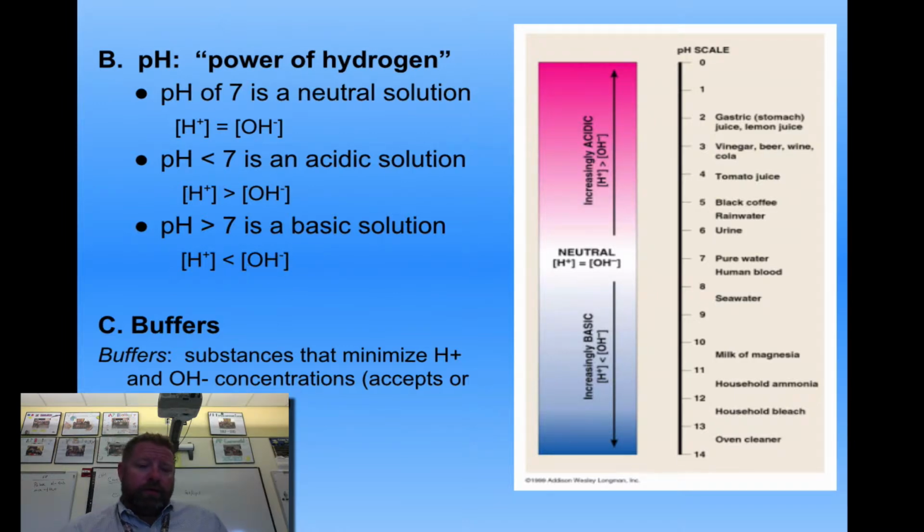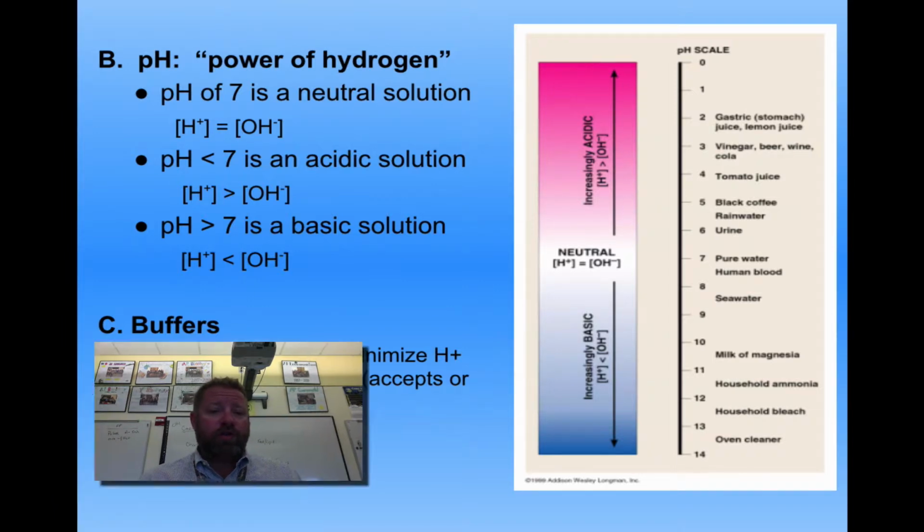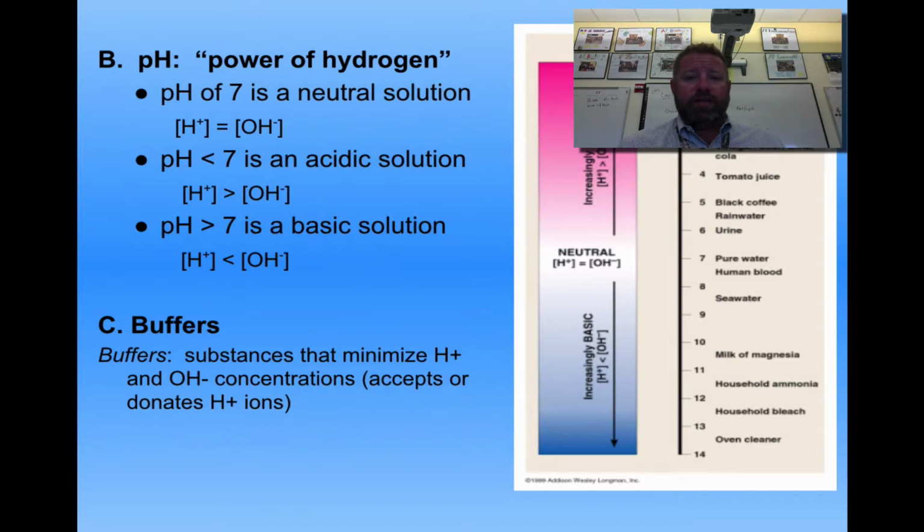And once again, in biological systems, human bodies, animal bodies, plants, there are these things called buffers. Buffers allow you to absorb either free hydrogen or free OH. The idea behind that is that with changes in your body chemistry, whether from foods you eat or exercise you do, that cause your body to make too many hydrogen ions or too many OH ions, your body's able to buffer or withstand these changes in pH.